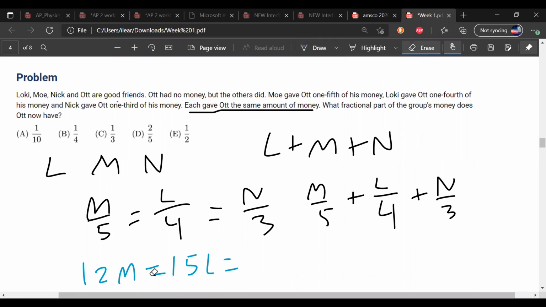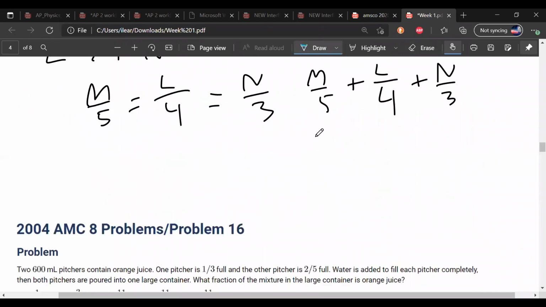Sorry. There's actually an easier way to go about approaching this problem where you don't have to use a ratio. Sorry about that. I should have just done this right away.